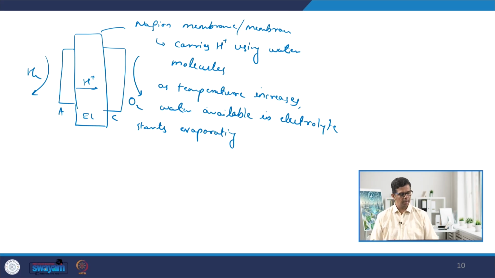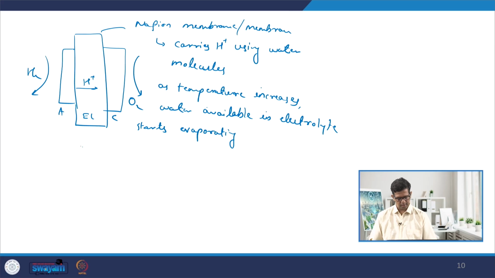So, we have to maintain the water in the electrode and the electrolyte particularly, and in order to do that, we also have to maintain the temperature of this cell or the stack, and that is why thermal management of fuel cell comes into the picture. Typically that employs an electrolyte which depends on the water intake in terms of its proton conductivity.